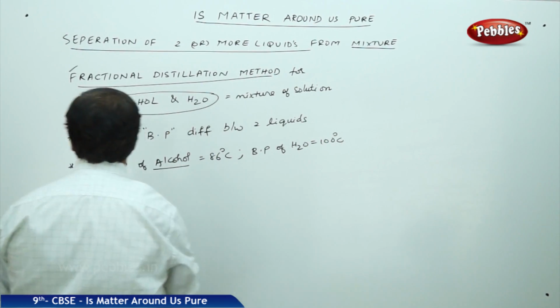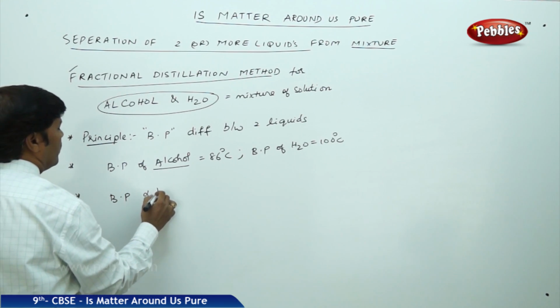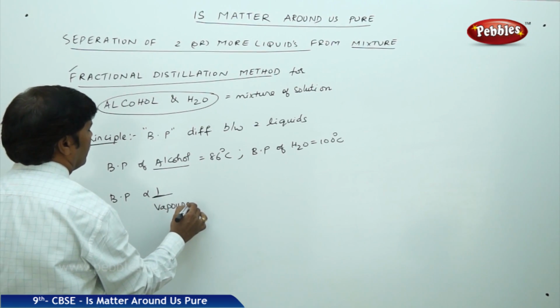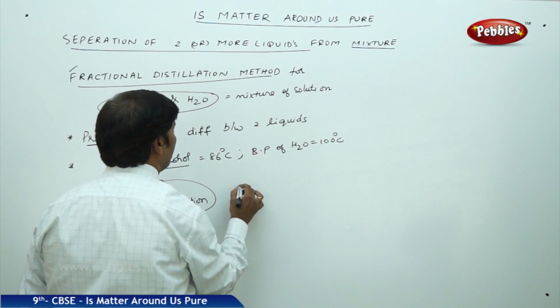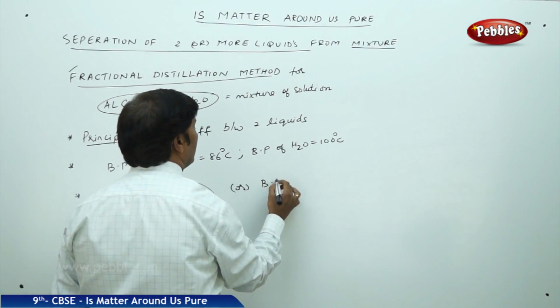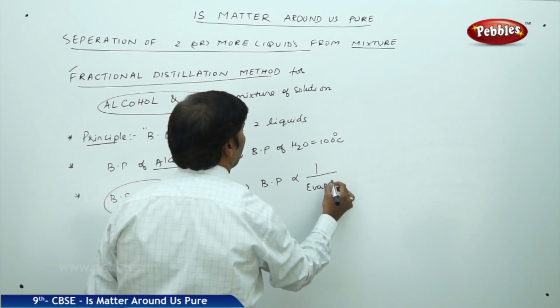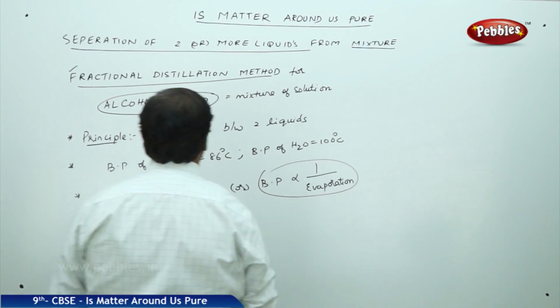So here one thing we have to notice is boiling point is inversely proportional to vaporization, or you can also add one more point. Boiling point of a given liquid can also be understood in simple terms as evaporation. That means what is the generalization you can make from this relationship?